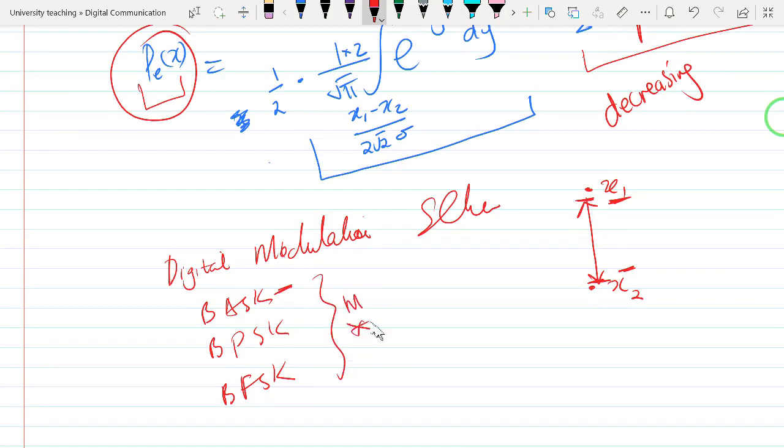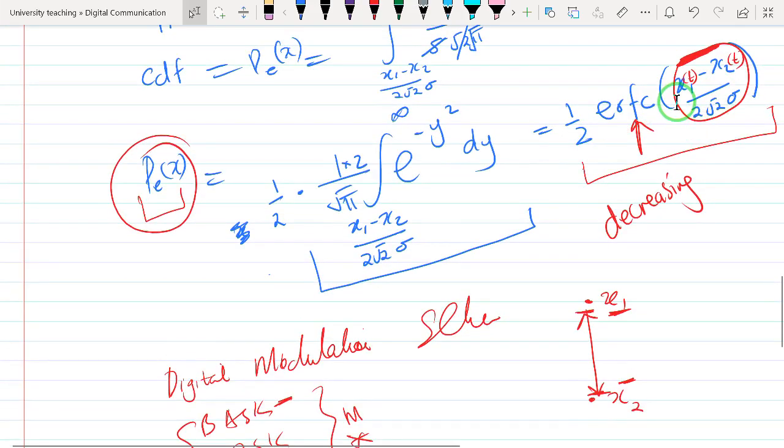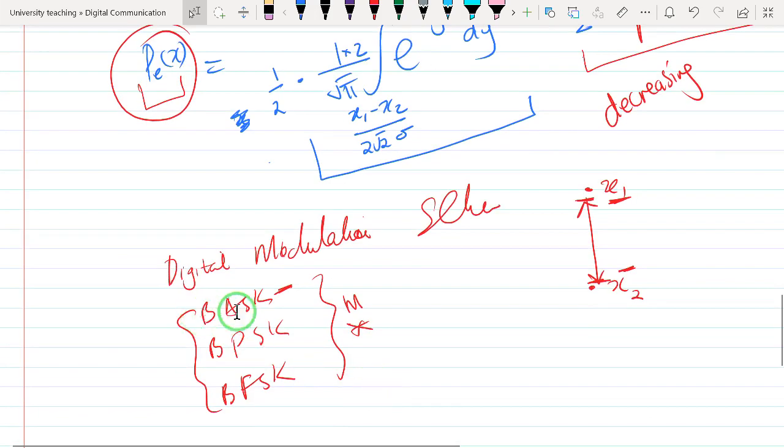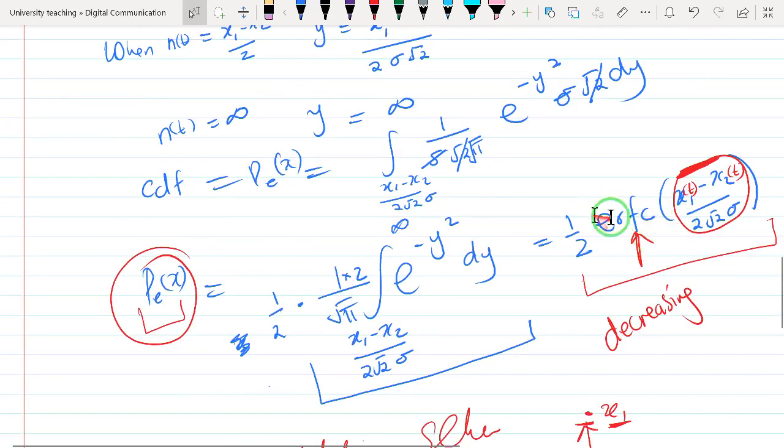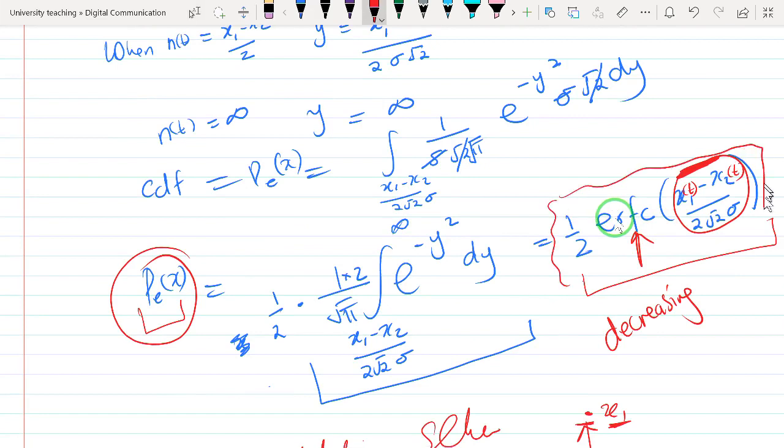We will find that it is sometimes not possible to find the probability of error using this method when our modulation scheme is not coherent, and number two, when it has more than two levels like we have here. So for that reason, we are going to find another method. But for the basic modulation schemes like BASK, BPSK, or BFSK, this is going to be our standard formula for finding the probability of error.